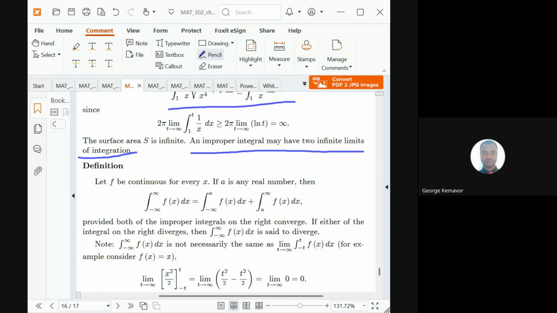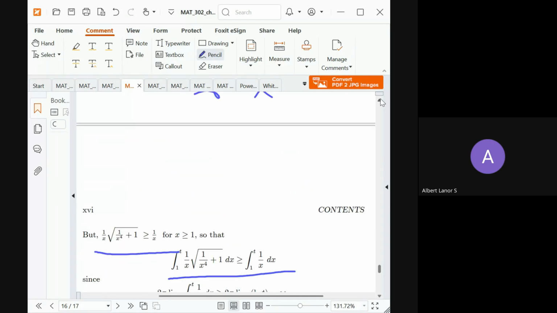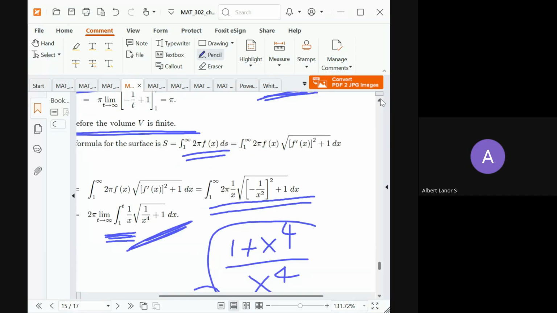I would like to see the surface area formula again. Oh, that one is a standard from MAT302. So I was supposed to quote it and use it. So it's here: 2 pi f of s ds. And the ds, if you recall, when you are changing parameters, you have to use the square root of f prime squared plus 1, the square root of all that.